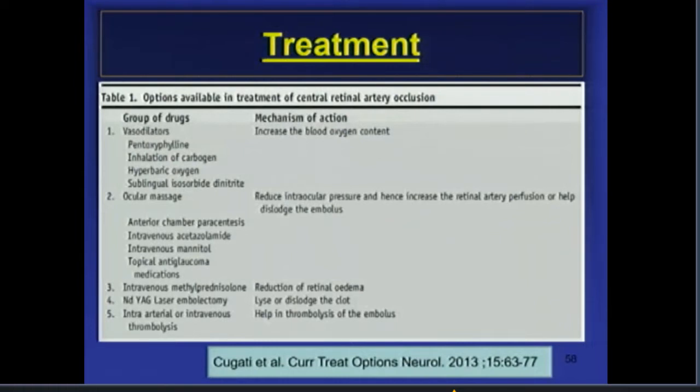Ocular massage, as we mentioned, can be done, and anti-glaucoma medication or paracentesis in this patient leads to reduced intraocular pressure and increased retinal artery perfusion, or helps dislodge the emboli.